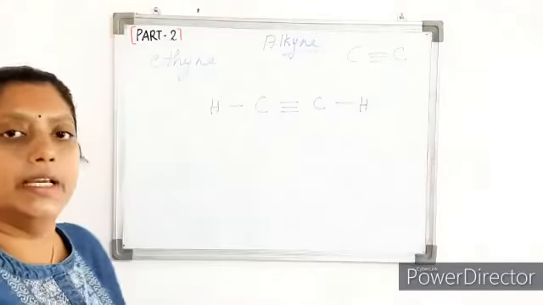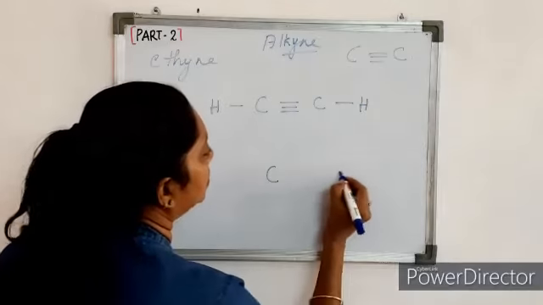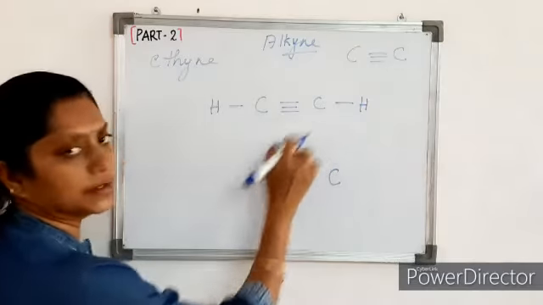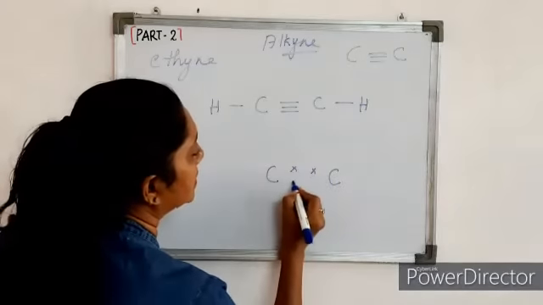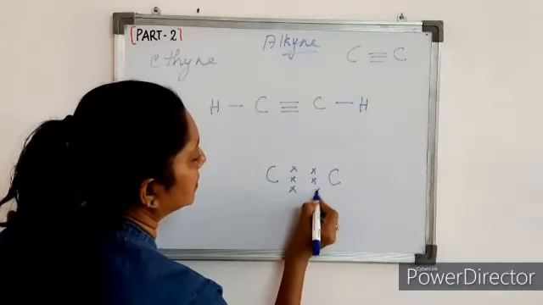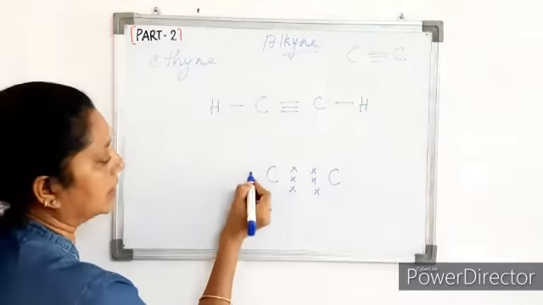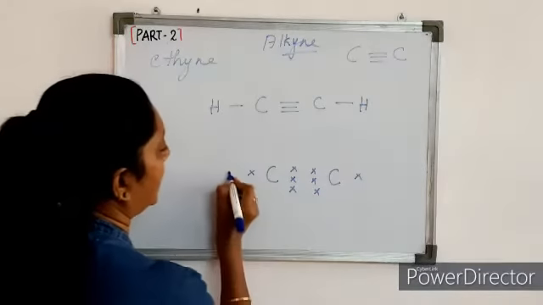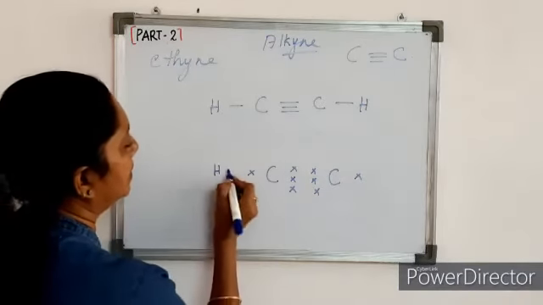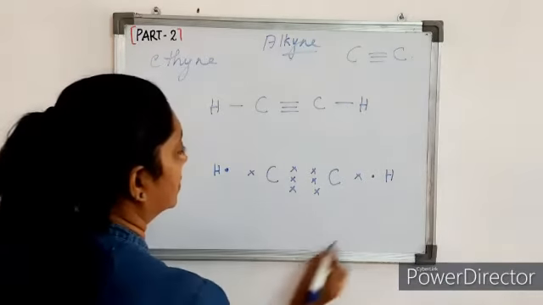We can draw the electron dot structure for this molecule also. Represent 2 carbon atoms in this way. A triple bond is here, so how many shared electrons? Represent the electrons like this, 3 electrons with this carbon atom. The other valency is satisfied like this. This is our hydrogen atom with its electron, and again a hydrogen atom with its electron.